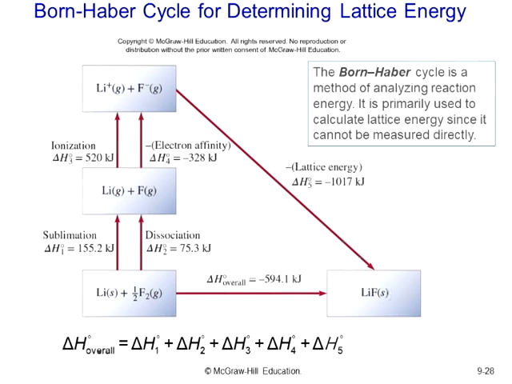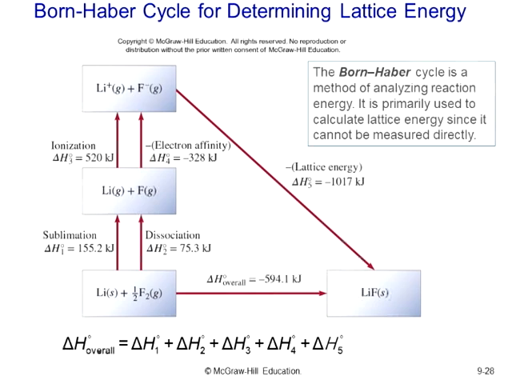In other words, we cannot directly measure the lattice energy of an ionic compound, so we indirectly get it by putting the pieces together. And that process is called the Born-Haber cycle. So we take a look at the enthalpy values, or delta H, of processes related to the final ionic compound, and we sum them to get an overall delta H for the process. That's how we get our lattice energies, and we show you the example here for lithium fluoride.